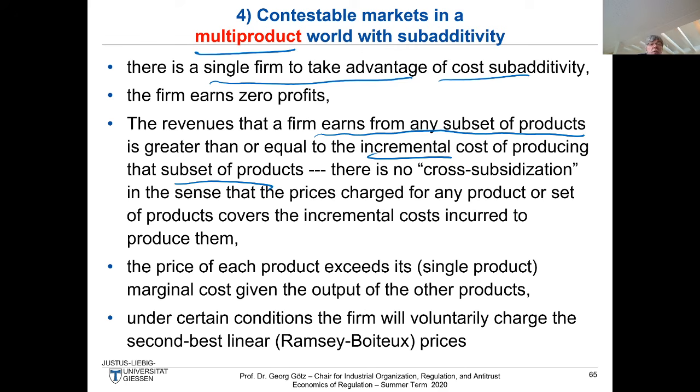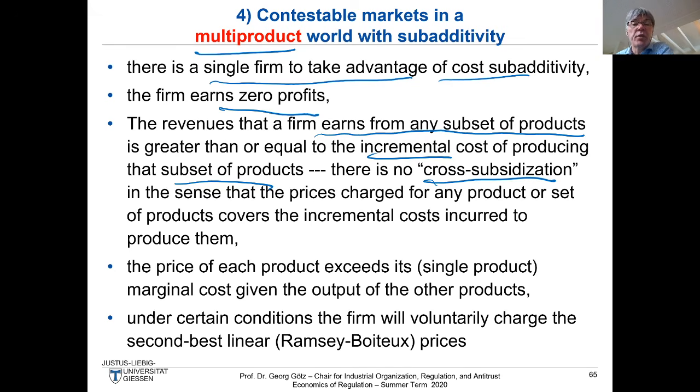So what does this mean? Suppose you're Volkswagen, and there would be global subadditivity in the production of cars, and you have several models. You would charge for each model at least its incremental cost. If you did not choose the incremental cost for, say, the Sharan, and apart from that you earn zero profit, that means you cross-subsidize the Sharan.